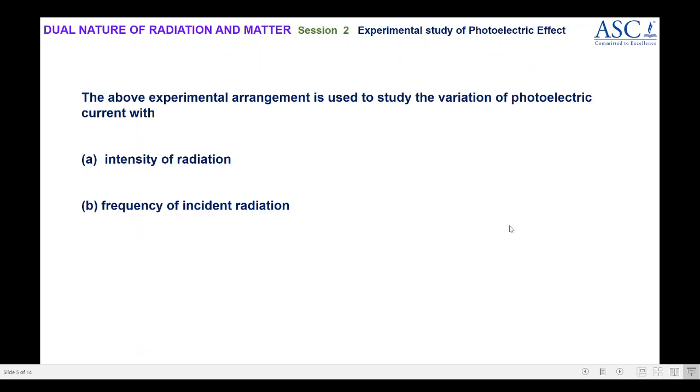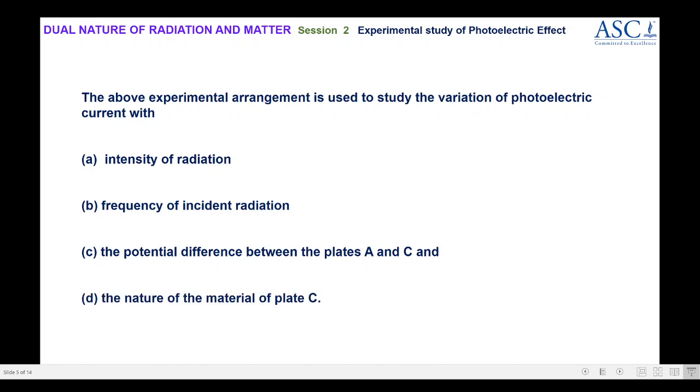Now the above experimental arrangement is used to study the variation of photoelectric current with the intensity of radiation, frequency of radiation, potential difference between the plates A and C, and the nature of the material of the plate C. Which means out of 3 parameters, 2 are kept constant and 1 is studied with the variation of the photoelectric current.